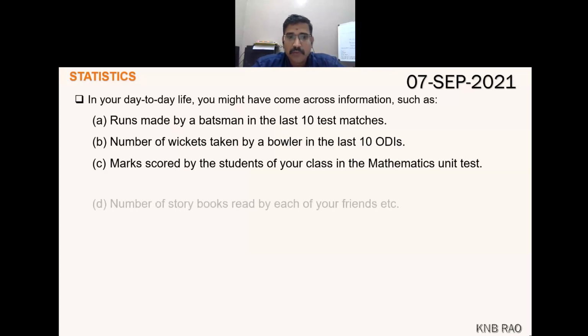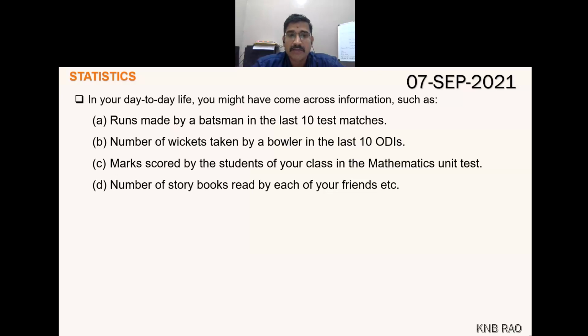Coming to another important practical use, the number of storybooks read by each of your friends will tell how good that child is in his English language, or in that language, in vocabulary, and how far improvement has taken place based on his habit of reading.